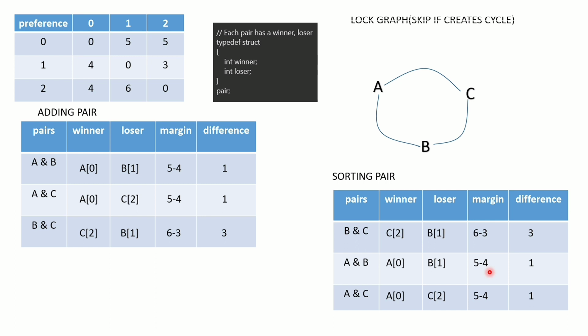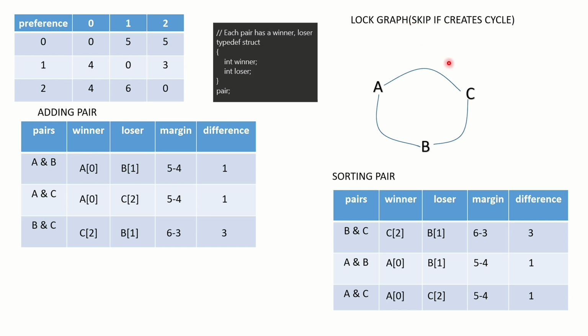The next one is the lock graph, or you can say lock pair function. What the lock pair function actually does is lock pairs from the first one till the last one, if there is not a cycle. If the pair creates a cycle, then we have to skip it.